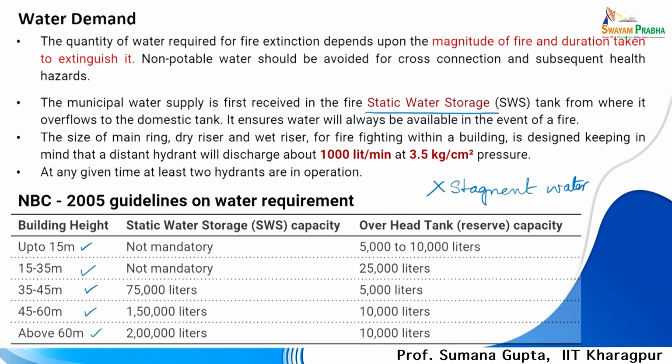Now, as you see, we also need a discharge pressure, which is 100 liters per minute at 3.5 kg per square centimeter pressure, as I already told you earlier, and that is shown in the meter installed on the pipe itself, which can check the pressure flow into the pipes.